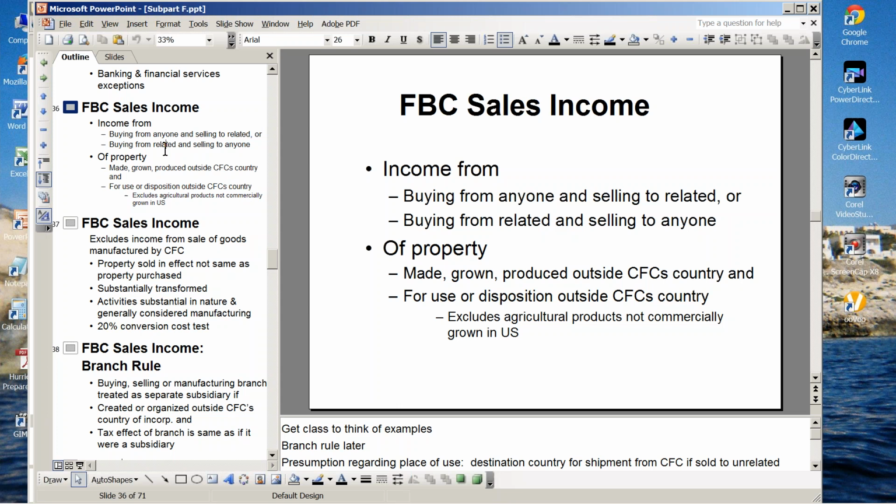Here we're talking about property. I've been using the word goods, but the regulations say property. The code says property. Property can include things like software.